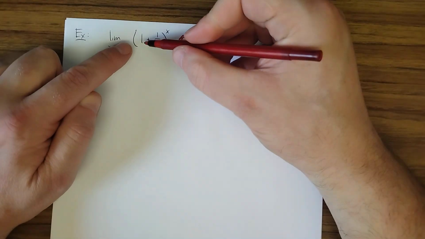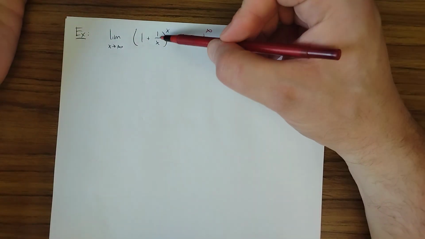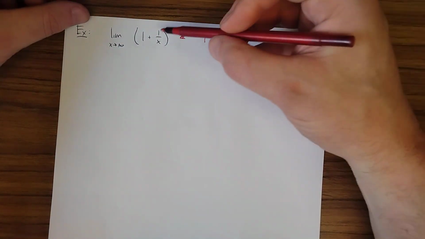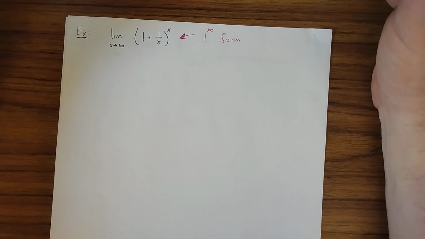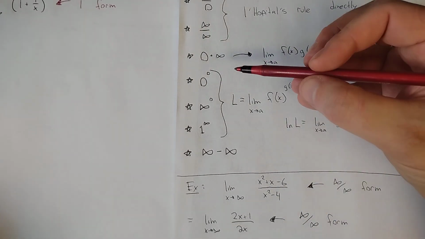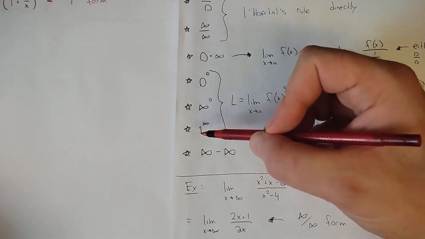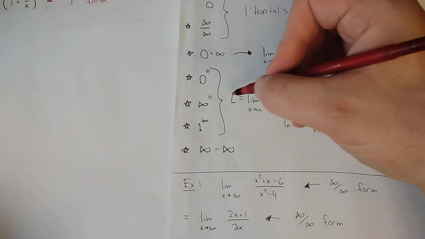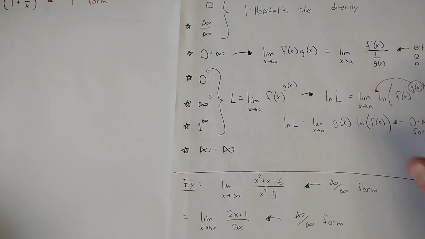X is going to infinity, so the thing in parentheses, 1 over x is going to 0, so this is going to 1. And meanwhile, the power that I'm raising it to is going to infinity. So this is what we call a 1 to the infinity form. But the basic strategy for attacking these is all the same. Like we just did a 0 to the 0, but 1 to the infinity is the same strategy. It's going to be the thing where I find natural log L.